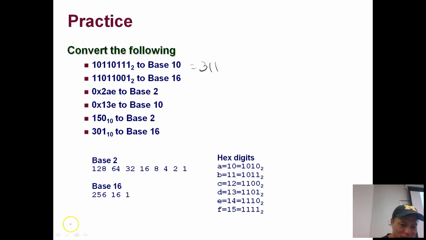Okay, so those who got the other ones, go back. These are the positions. I put these bases here. So it's 128 plus 32 plus 16 plus 4 plus 2 plus 1.